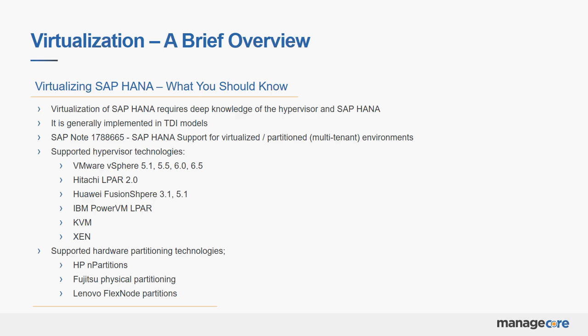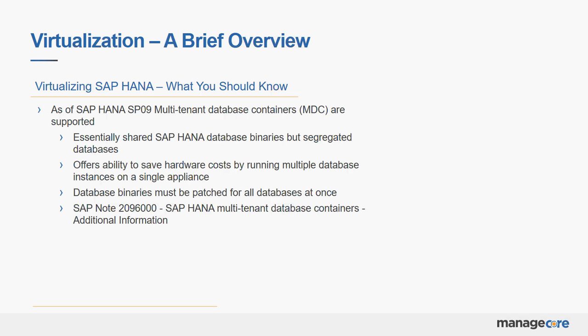And you can see that there's a decent amount of hypervisors and even hardware partitioning technologies that are supported by SAP. In addition to supported technologies, you also can quote-unquote virtualize SAP HANA with multi-tenancy databases, or MDC is what SAP calls it. As of SP9, you're allowed to actually have multiple databases on a single database instance.